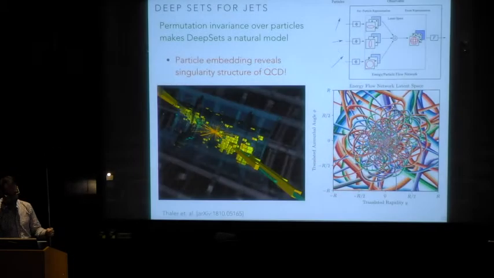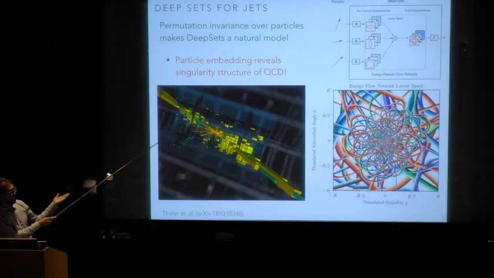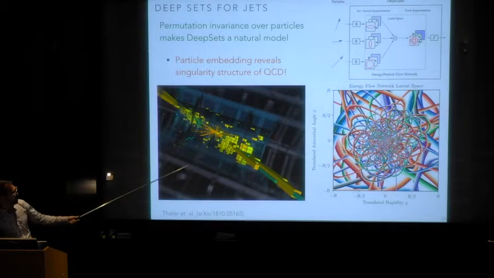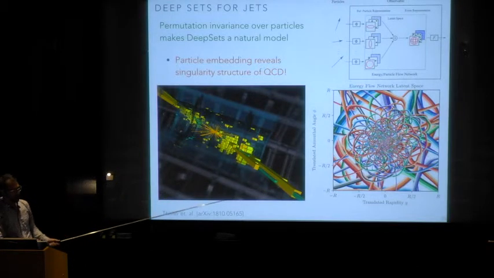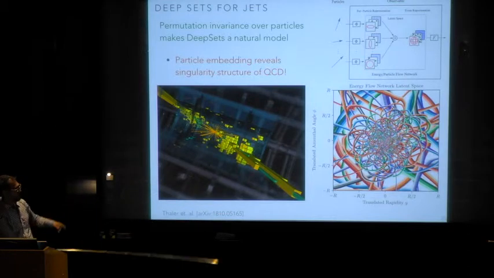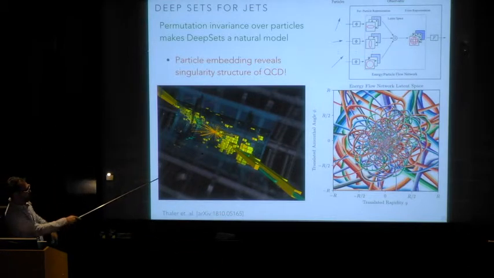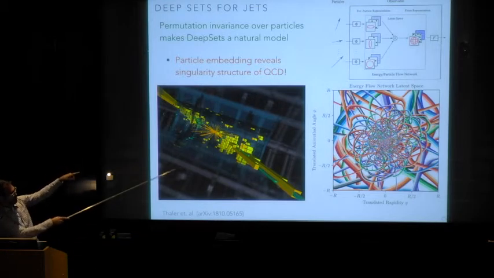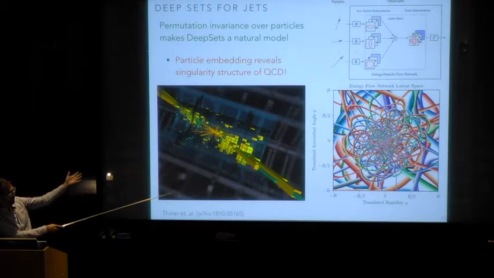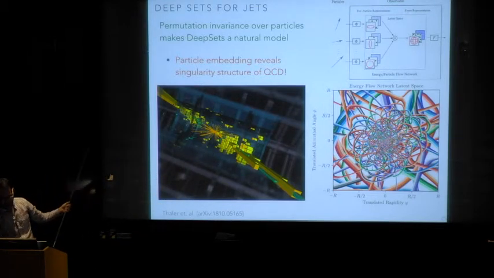Okay, here's some work from Jesse Thaler and company where they used a deep set type architecture. One interesting thing is they basically came up with this architecture on their own, and then they realized, oh yeah, someone's already done that. Here they have these crazy visualizations where they're looking at each one of the particles, and as they move around compared to the axis of this jet, they're visualizing the response in the embedding space, and they get all these psychedelic looking drawings.